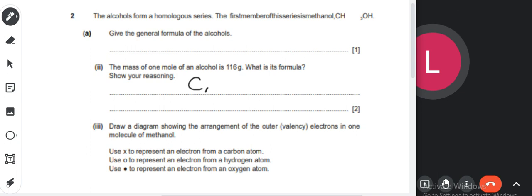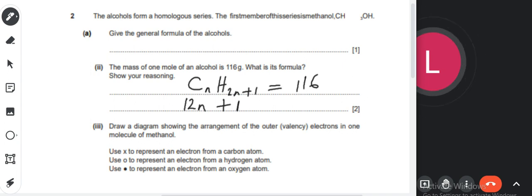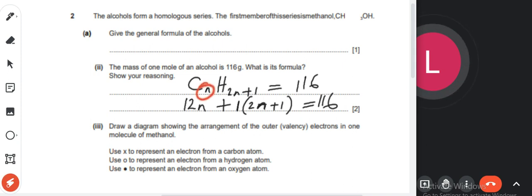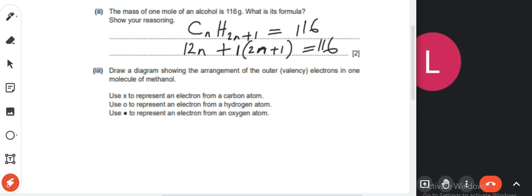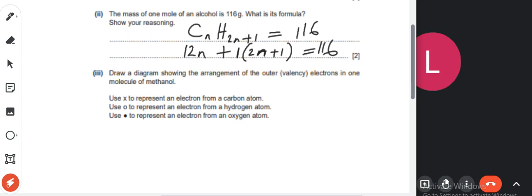So if you write CnH2n+1 equals 116, and of course C is 12 times n, 12n, plus H is 1 times (2n plus 1), that will give you 116. So when you find n, you fit it in to give you the particular alcohol.